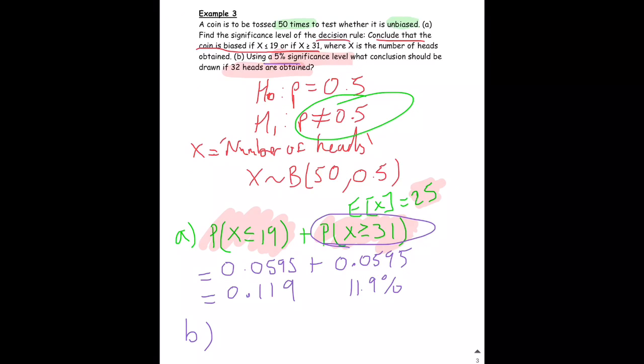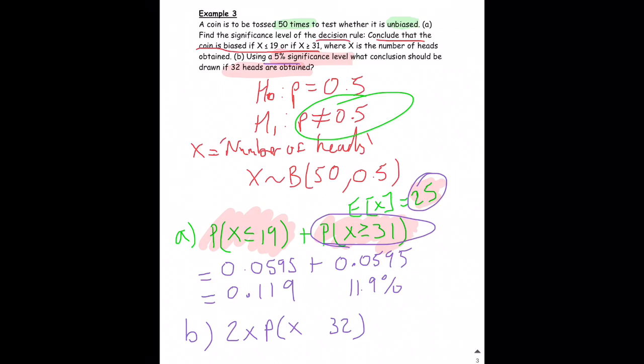So again, this is basically just a standard hypothesis test now. I've got 32 heads at a 5% significance level. Can I reject H0? I don't know. It's not equal to, so it's 2 times the probability of X greater than or equal to 32. I'm expecting 25.